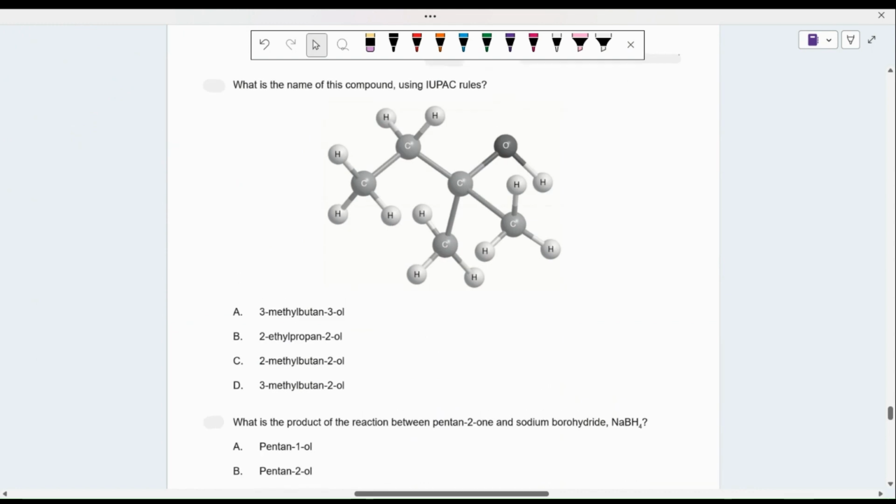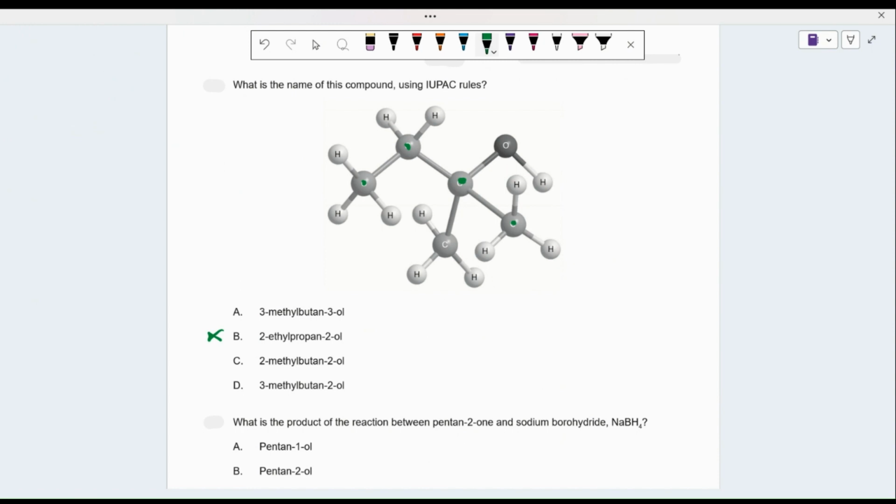What is the name of this compound using IUPAC rules? So longest carbon chain, 1, 2, 3, either here 4 or here 4, we don't know yet. So that would be butane: methane, ethane, propane, butane, 4 carbons. So it won't be B. Okay. So we have 3 methyl and 2 methyl.